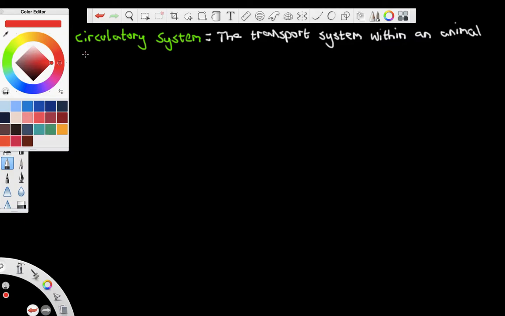So I'm going to put underneath there in red, it's important that these are known as mass transport systems as they move many substances around the animal.